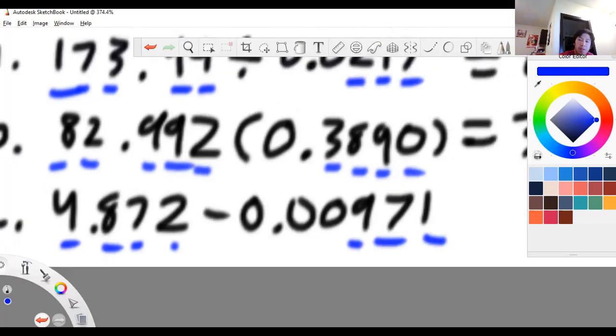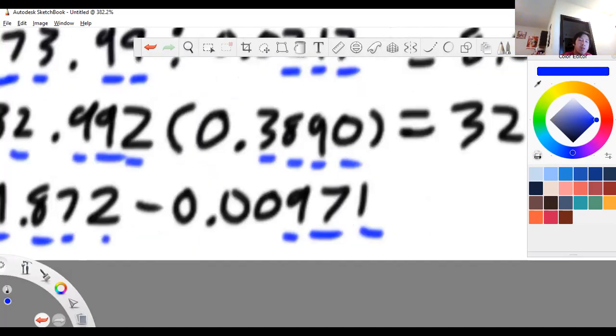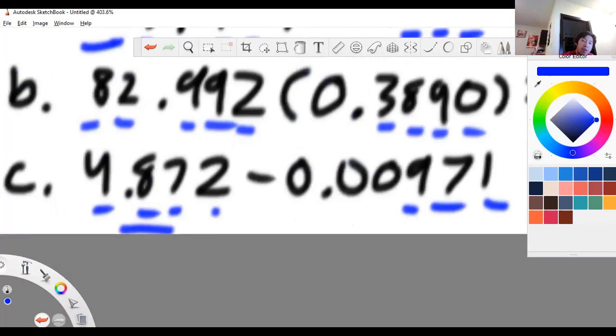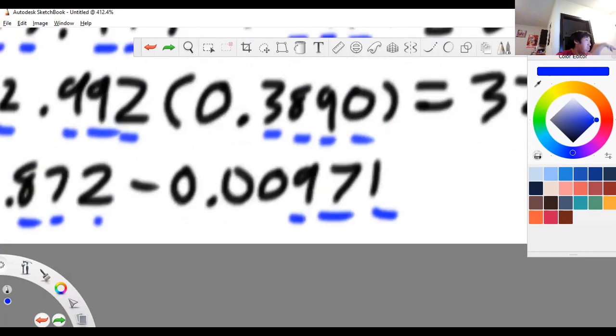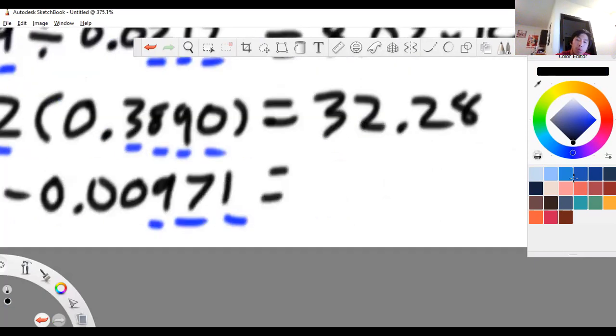But because of the addition and subtraction rules, we can only have 3 decimal places. Thus, when we subtract this on the calculator, we will end up with 4.862.